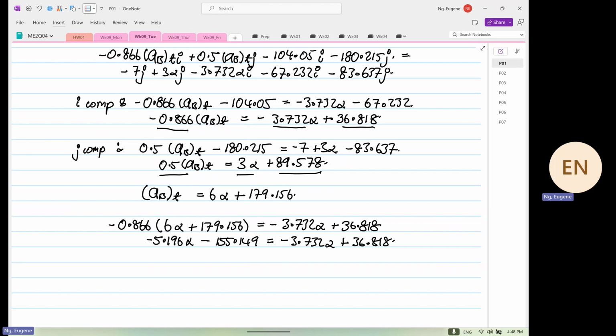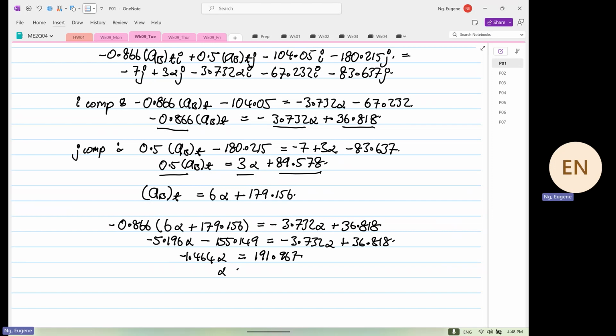Plus 179 ABT. Yep, correct. So minus 3.73. Okay, so minus 5.196 plus 3.732 is equal to minus 1.464 alpha, and this will be equal to 155.149 plus 36.818, which is equal to 191.967.